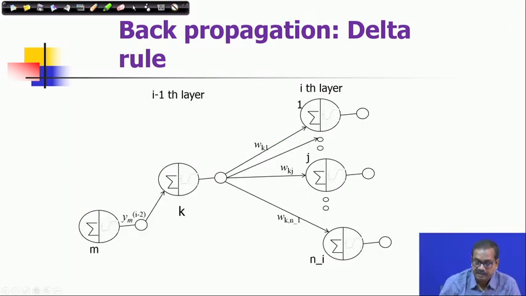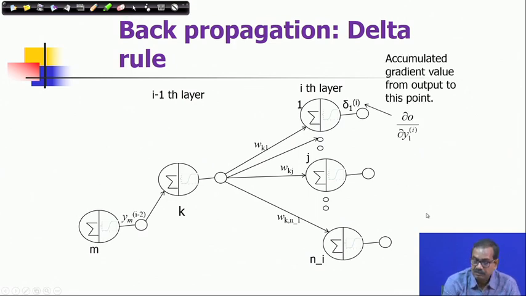That gives you this quantity, which is used for updating this weight. I think this diagram explains it in a clearer way. Let me explain. You compute delta 1 I at this point, which is the accumulated gradient value from the output to this point. Say this is delta j I. In that way you compute all the accumulated gradient values.